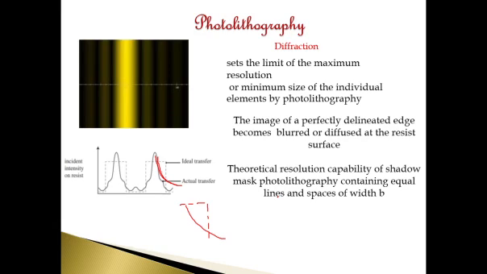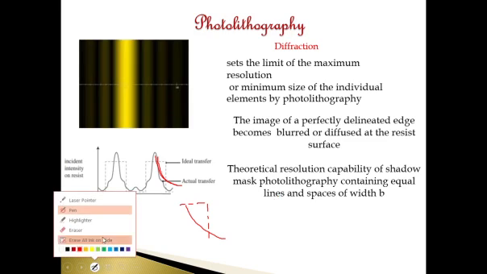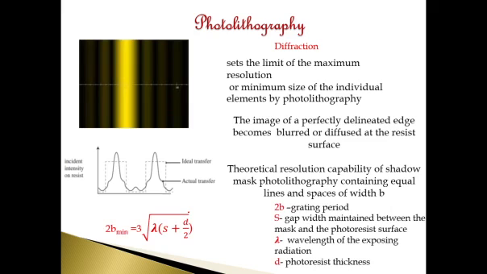Theoretical resolution capability is discussed on the basis of a formula where 2b is the grating period, that is the separation between the two features on the mask, equals 3 into the square root of lambda, which is the wavelength of light used, times s, which is the gap between the mask and the photoresist, plus d, the photoresist thickness, divided by 2.